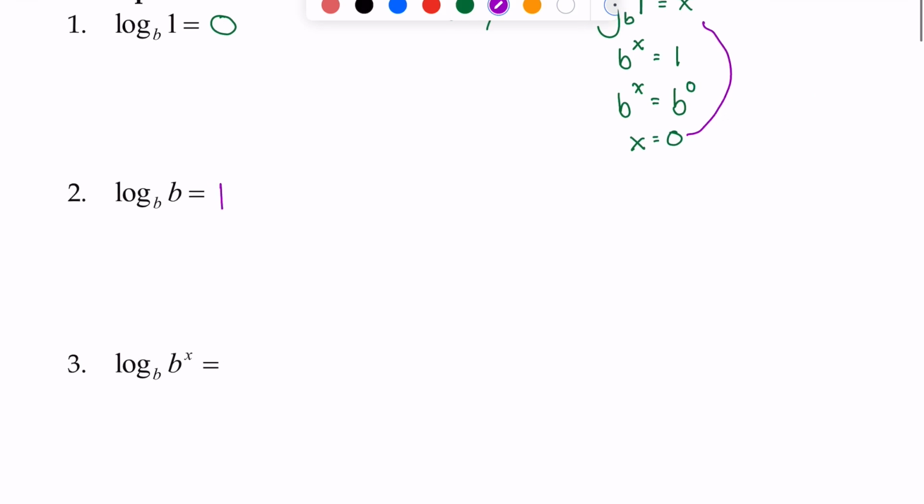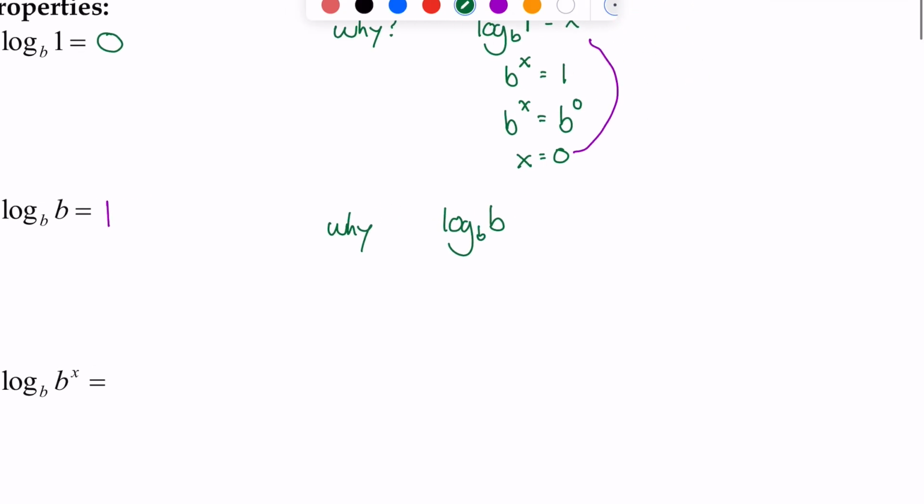And the why again, let's look at the why. Well, if I have some log base b, and I'm taking that of b, let's see what number we get. So x, it's an unknown again. Rewrite it as an exponent, so the base of my logarithm to the power of my exponent, that's going to be b, equal to what's inside of my argument.